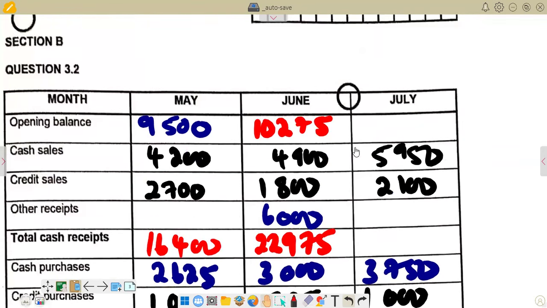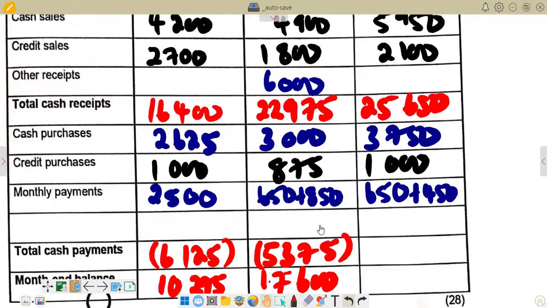So it's coming here, 17,600. So for total receipts for July, we are saying 17,600 plus 5,950 plus 2,100, and then you get your total here, which is supposed to be 25,650. And then obviously the next step is to add our payments so that we get our total payments.